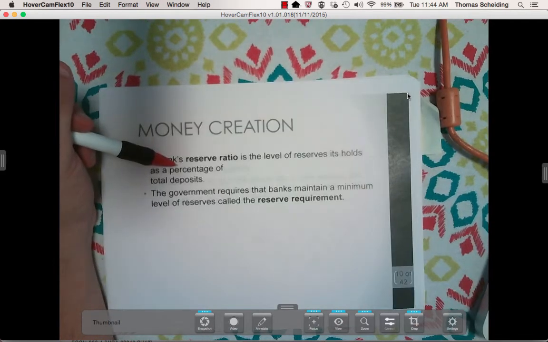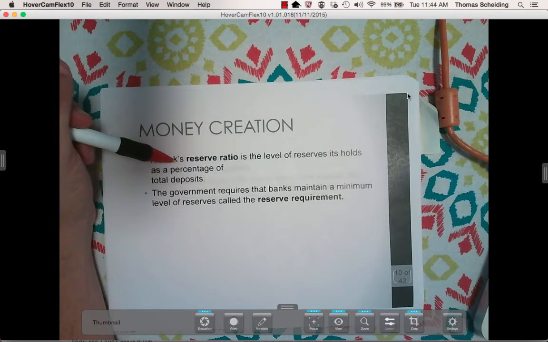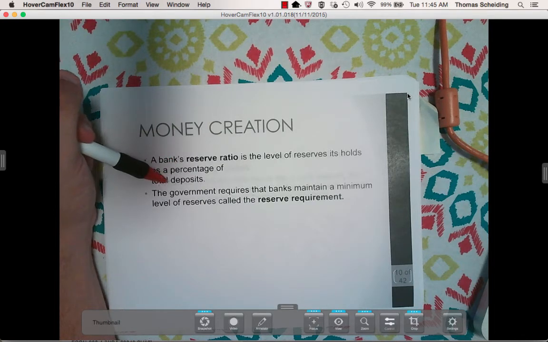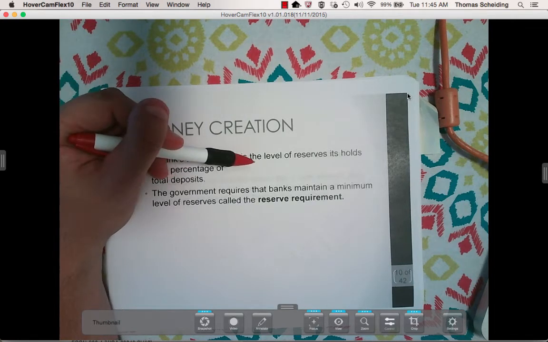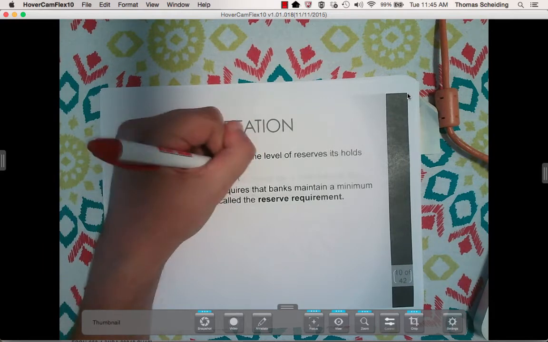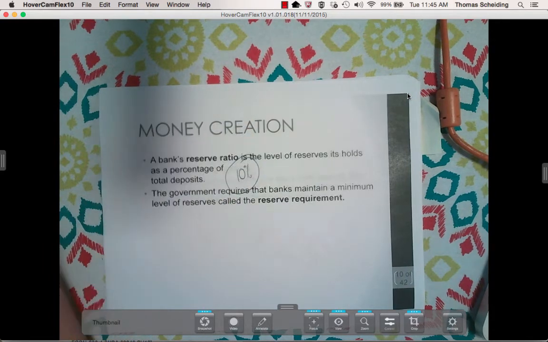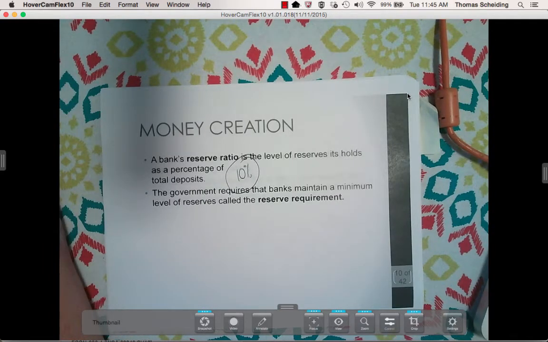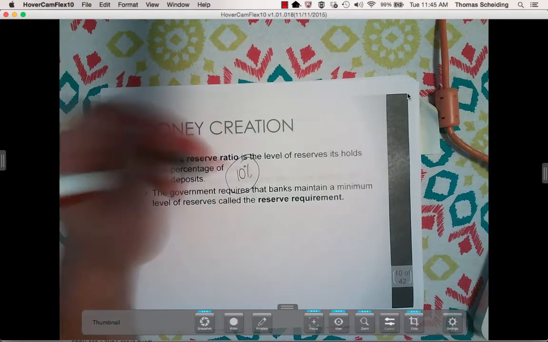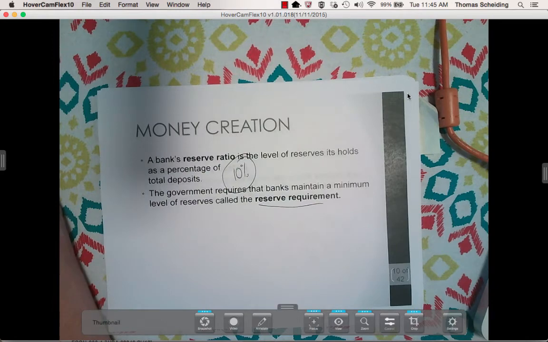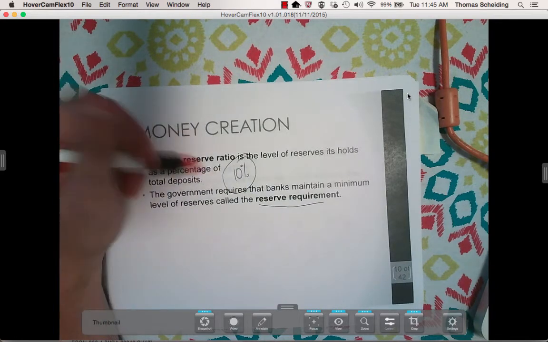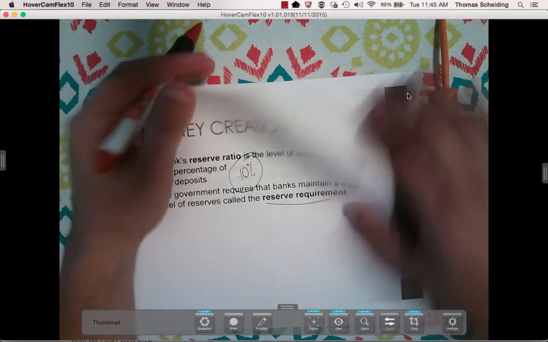Now, banks are required to keep a certain minimum. That certain minimum is called the reserve ratio. So of their total deposits, they have to keep a certain minimum amount. Usually here in the United States, that amount is about 10%. So if I deposited $500, they would only have to hold $50. That minimum amount is called the reserve requirement. And again, for most big banks, it's about 10%.